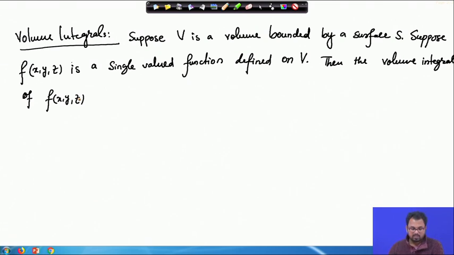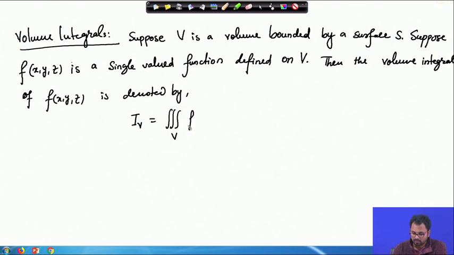Then the volume integral of f(x, y, z) is denoted by, let us say, I_V. I is for the integral, V is for the volume, and then you write the triple integral, which is for the volume integral, of f(x, y, z) dV.